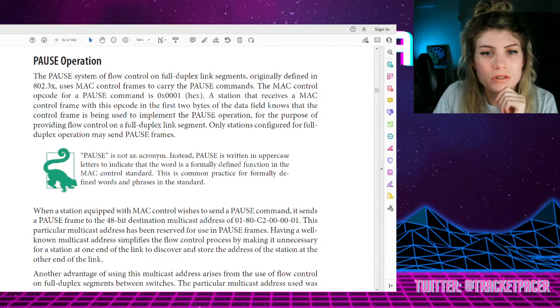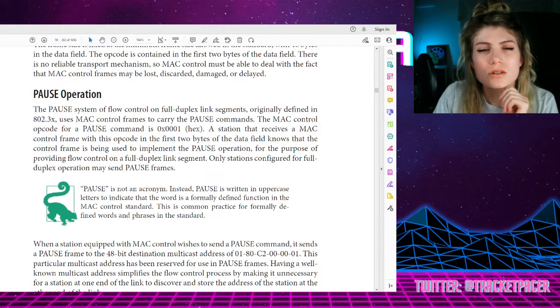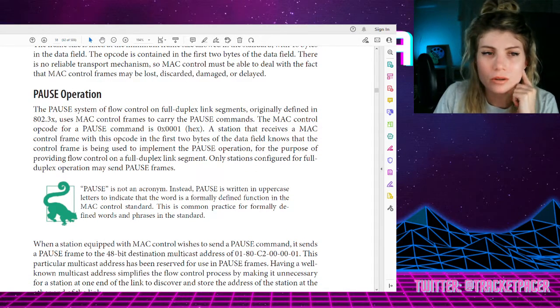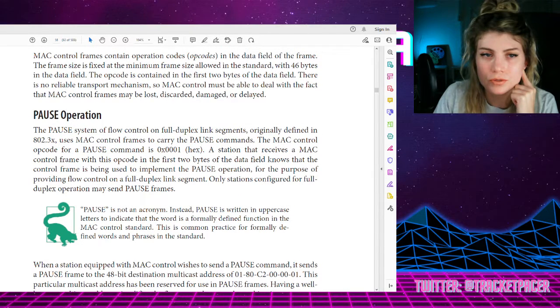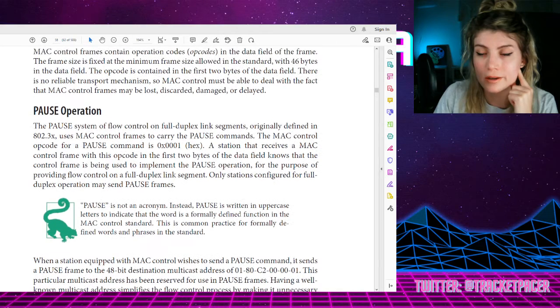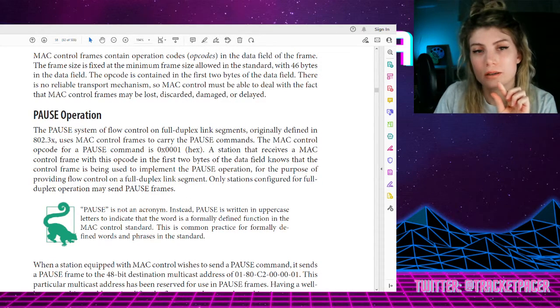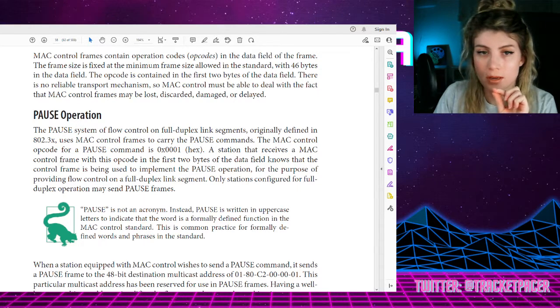I'm just reading back for just a second. So, am I correct? We have a pause frame, and in the type field of the frame, hex 8808.